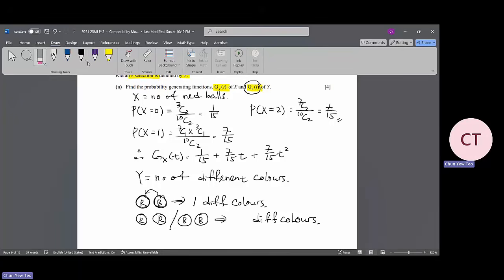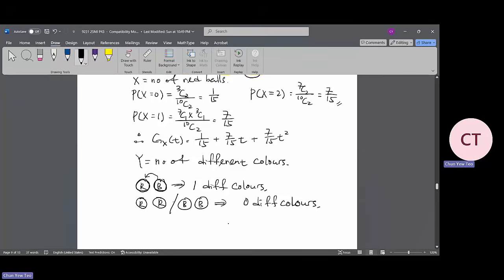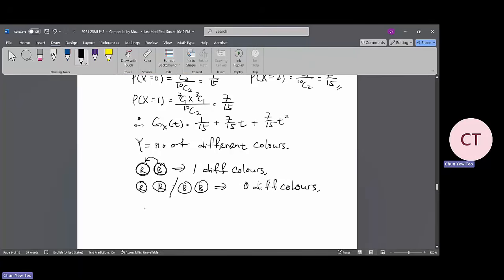And why not we just call this one zero different color? So it's also possible. That means actually we have three possibilities. Okay, so Y can be 0 and 1, or Y can be 0 and 2, or Y can be 1 and 2. So you may consider that this one is no different color, then this one is different color.